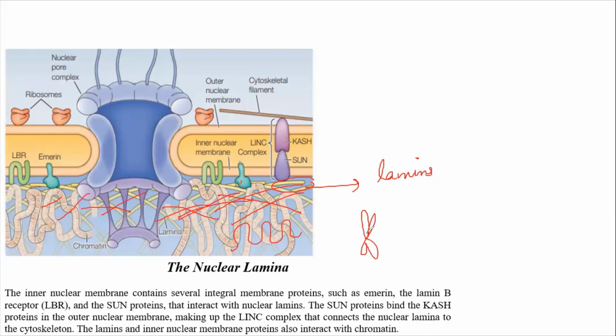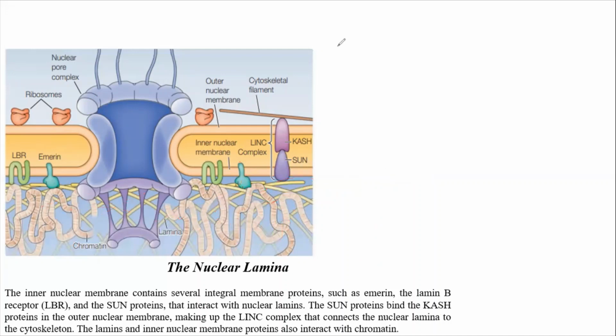So what we have seen right now is that these LINC proteins or complexes, and this emerin, are making connections with the lamins as well as the chromatin. Did you get this point over here? Are you able to follow?